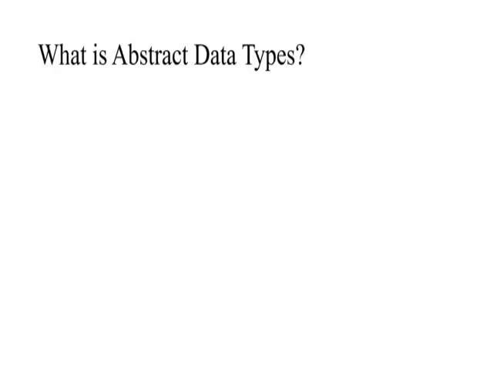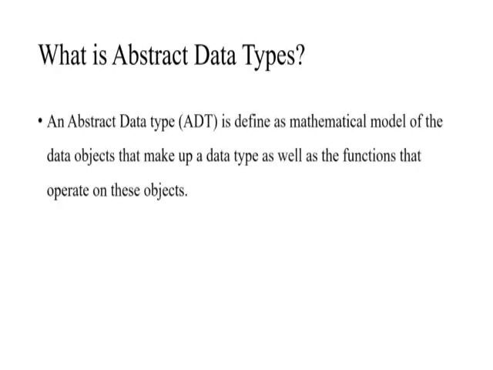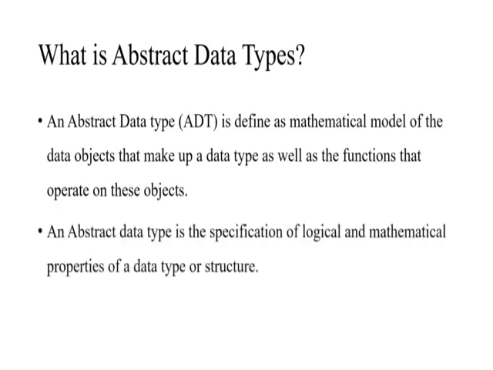So what is an abstract data type? An abstract data type is defined as a mathematical model of the data objects that make up a data type as well as the functions that operate on these objects. An abstract data type is a specification of logical and mathematical properties of a data type or structure.